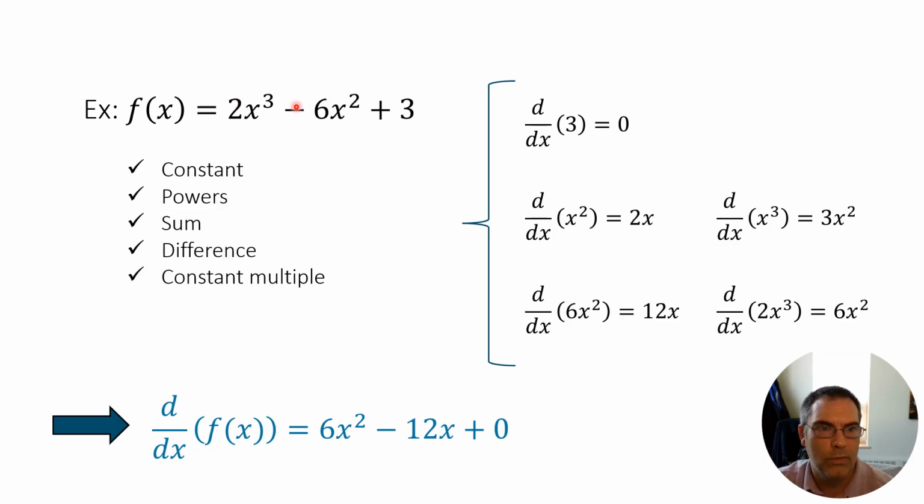So 2x cubed minus 6x squared plus 3 has the derivative 6x squared minus 12x plus 0, which you don't really need to write, but I put it there just to illustrate completely what we did. All right, so that is applying these rules. Take some time to practice doing examples like this, and you will pick up the rules very, very quickly.